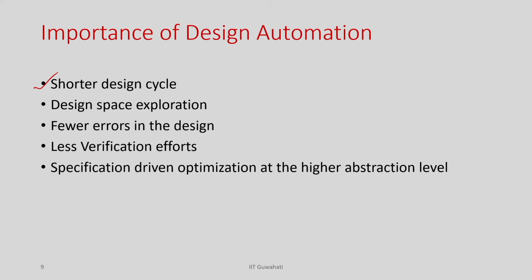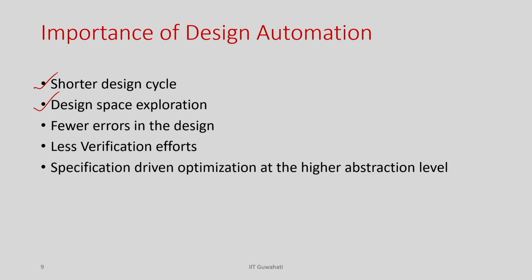It might take maximum hours, not days or months, right. Whereas if you have to develop things in gate level or transistor level, that might take years, right. So, if you develop in a higher abstraction level, your overall time to develop the whole IC will be less, so you have a shorter design cycle.